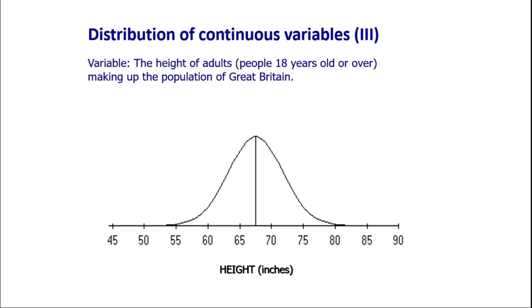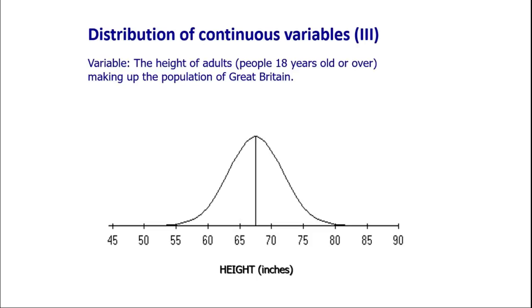So here we've got another distribution of continuous variables. This time we're looking at continuous variables, and we've got the heights of adults 18 years and older. The heights are in inches, and the data looks fairly symmetrical.